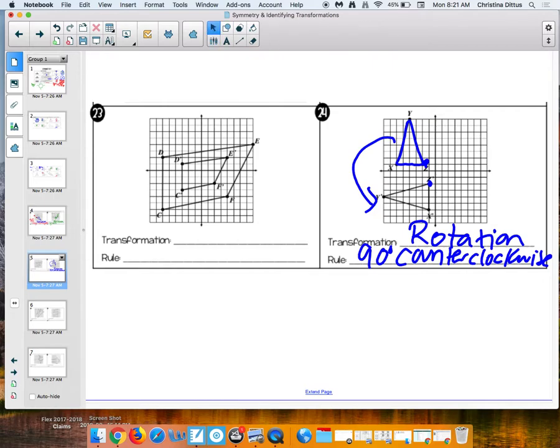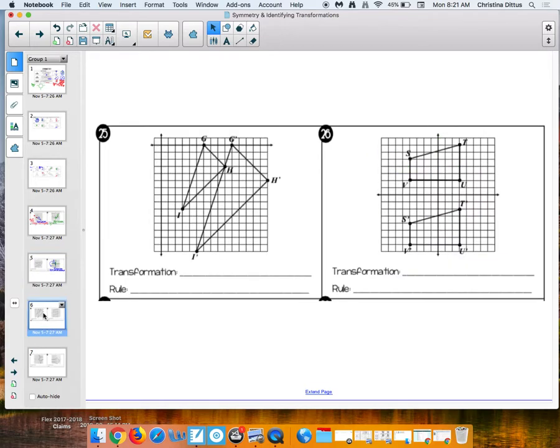If they are right next to each other in your boxes, that's a 90. If they're reflected or opposites, that's a 180. Then you just have to think, did it go down or up? 25, we're going to skip.